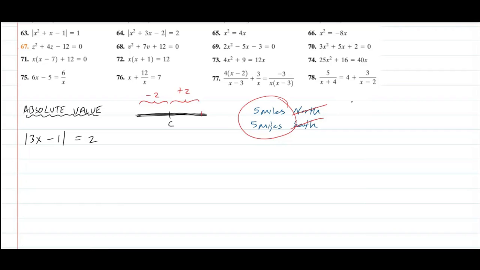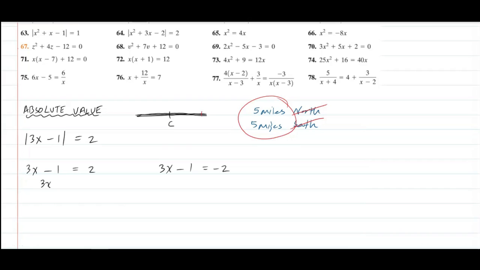So now how do you actually solve this? Basically what you're saying is, look, that means either 3x minus 1 is going to equal positive 2, or 3x minus 1 is going to equal negative 2. You will solve each one of these problems.